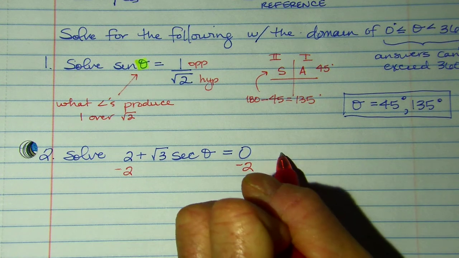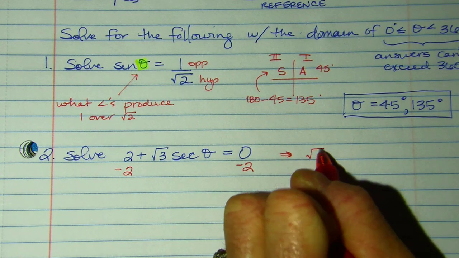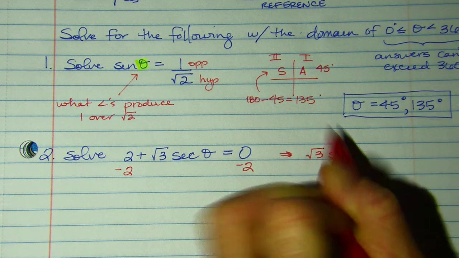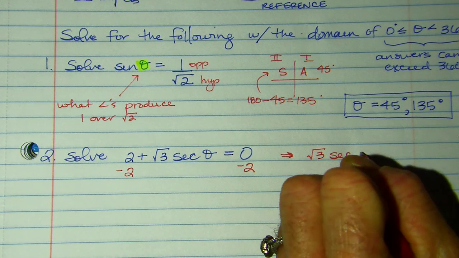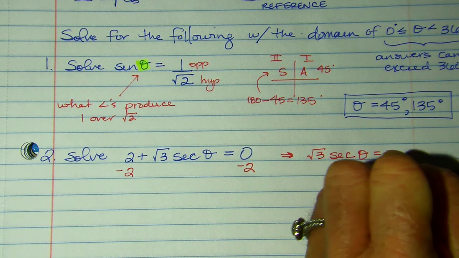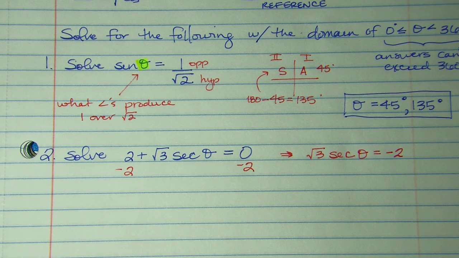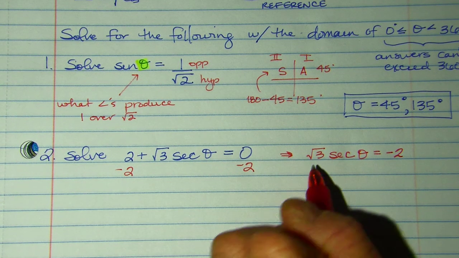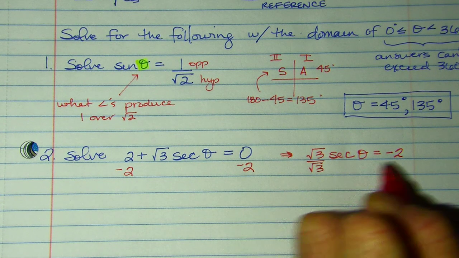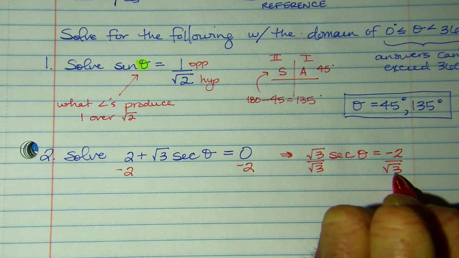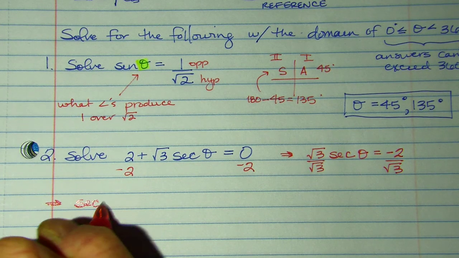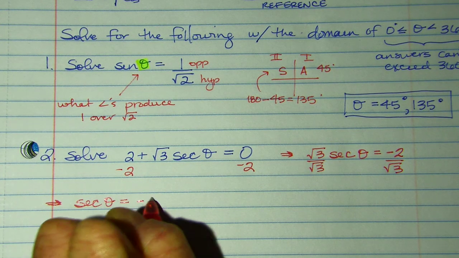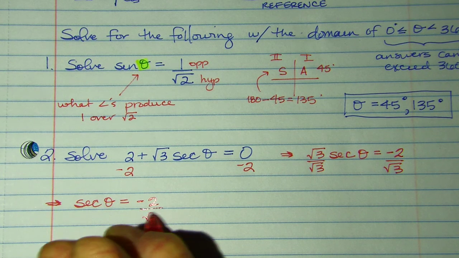So now I have root 3 secant of theta equals -2. My apologies for the typo. Then I'm going to divide by root 3. And so I'm actually solving for secant of theta equals -2 over root 3.